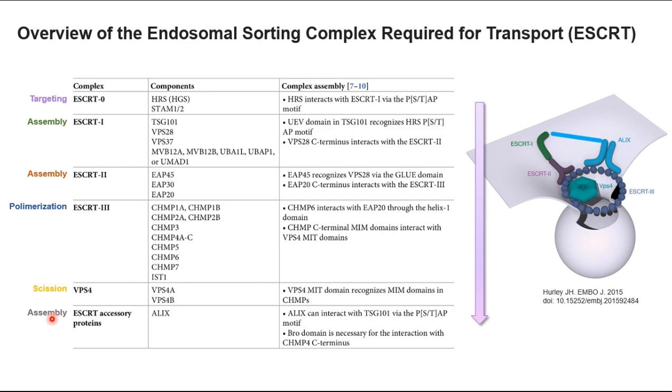It's interesting to focus on some ESCRT accessory proteins like ALIX, because it is quite exploited by viruses since it has the capacity to bypass ESCRT 2.